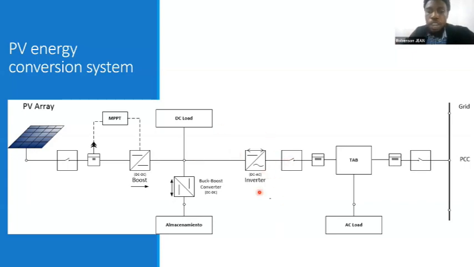Here we have the inverter when we leave this DC side. And also, if we have a DC load, we can connect the DC load at this side. For the other type of load, like an AC load, we should use an inverter that can help us pass from DC to AC, from direct current to alternating current.